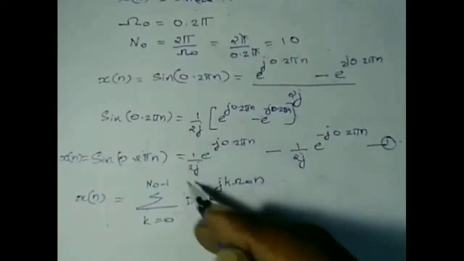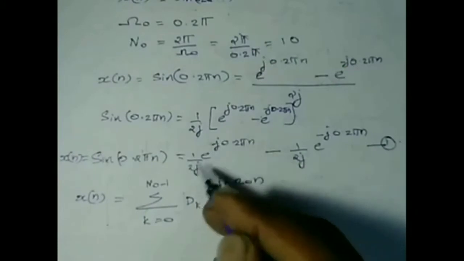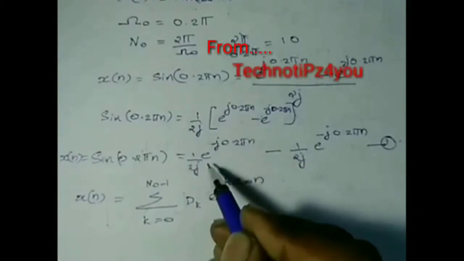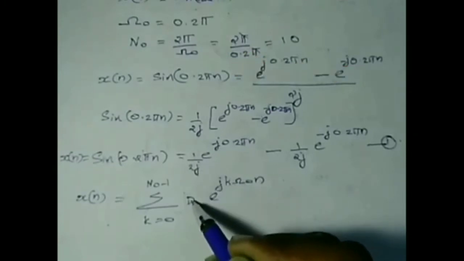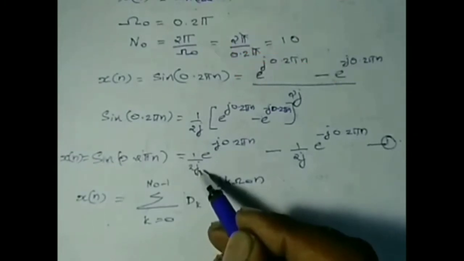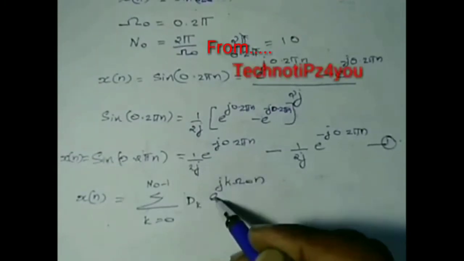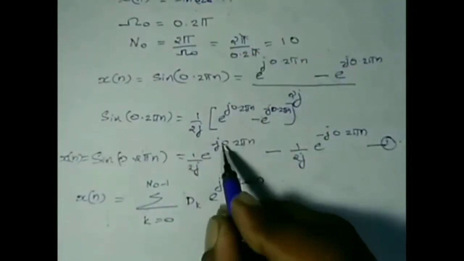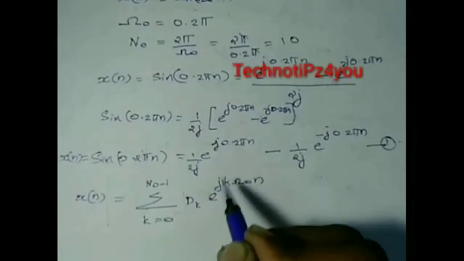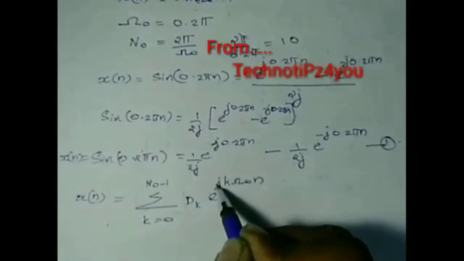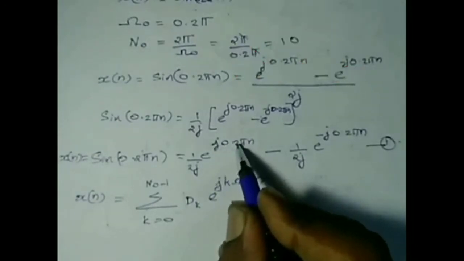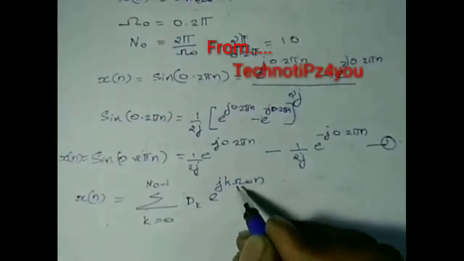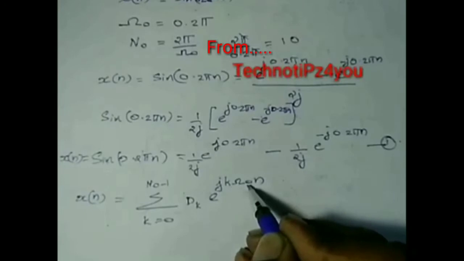If we compare the first term, what we can guess is that dk will be equal to 1 by 2j, followed by the exponent term in both equations. Here we have j, and here also we have j, followed by 0.2 pi n here, but here it is k omega 0 n.